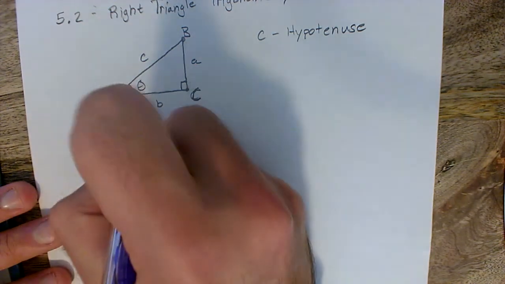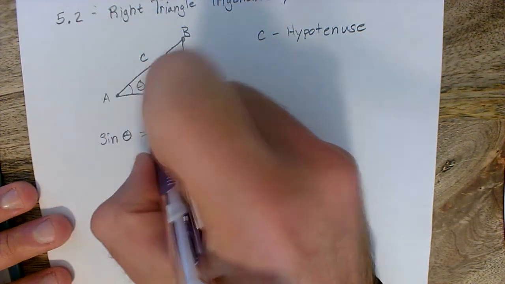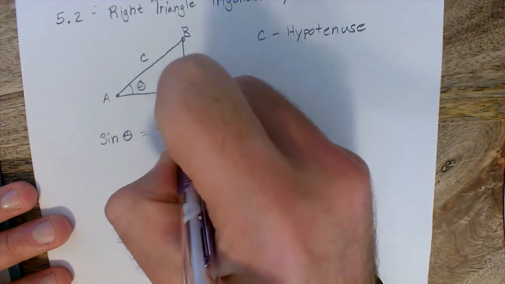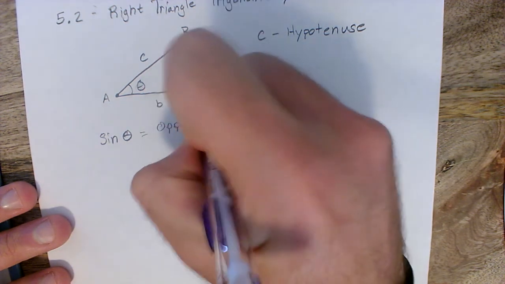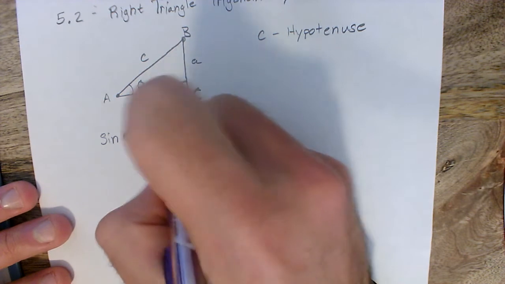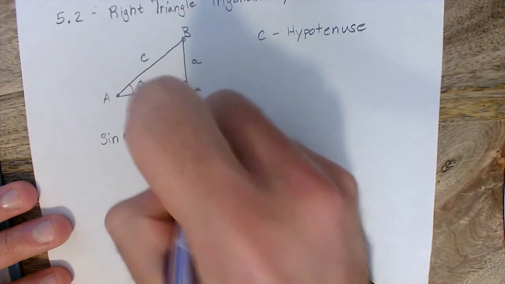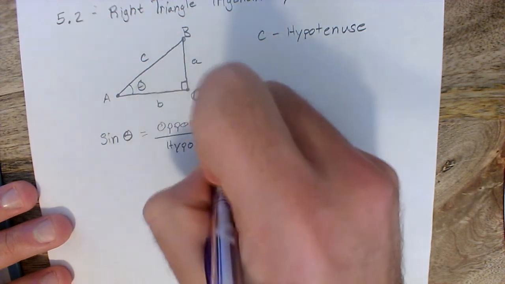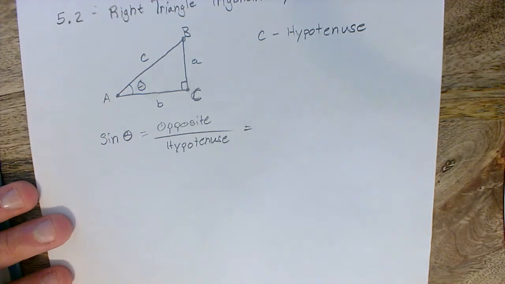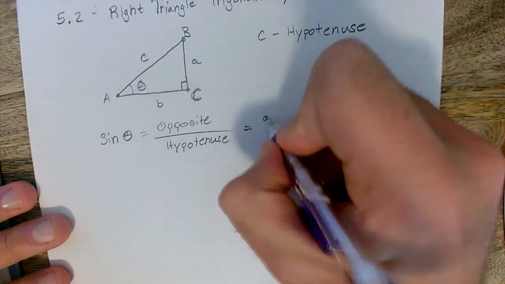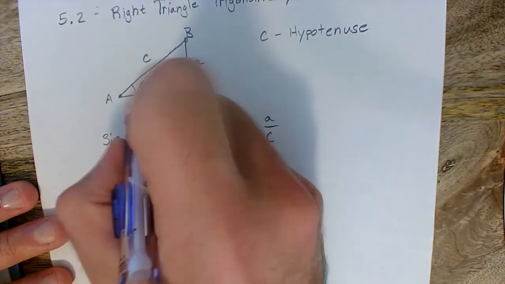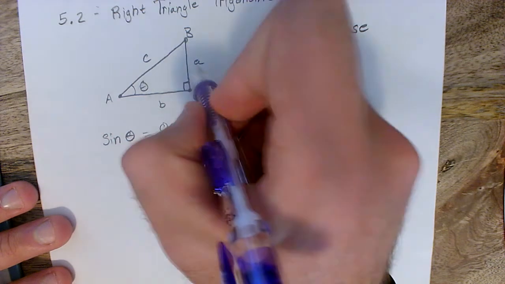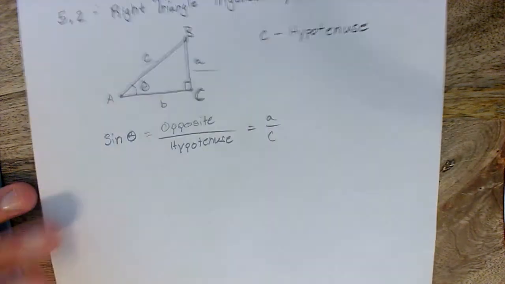Sine of theta is equal to the opposite over the hypotenuse, which in our triangle is going to be little a over c, since the opposite side of this angle is a, and the hypotenuse is c.